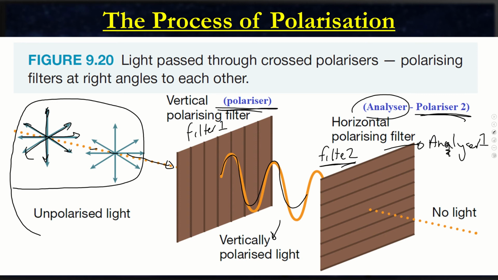Okay, so that's what we have. If you were to have a third polarizer, we call that analyzer number 2. Now what we can see here is if the first polarizer and the second polarizer are 90 degrees to each other, so they're perpendicular to each other, the intensity of the light is 0.